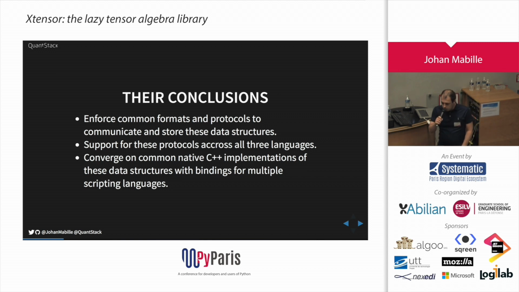So it would be cool if we could converge on a common native C++ implementation of these data structures and provide bindings to other languages. So to come back to the war of languages that Sylvain mentioned this morning, it appears that C++ has won.